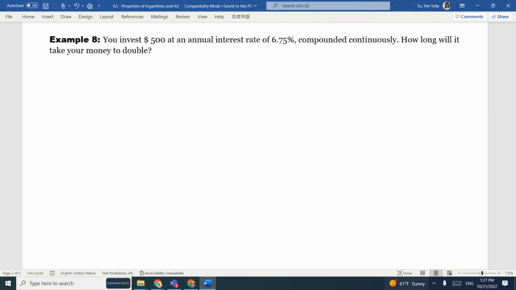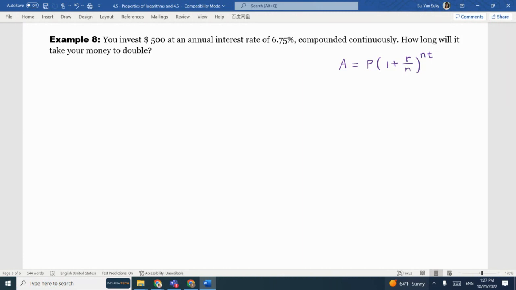Okay, so how do we do that? Well, remember the compound interest formula? We have two sets of formulas. One is P times 1 plus r over n, raised to the power nt.